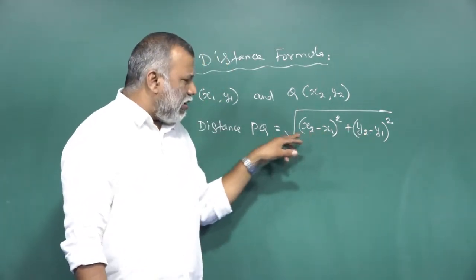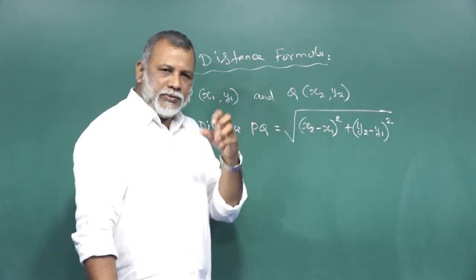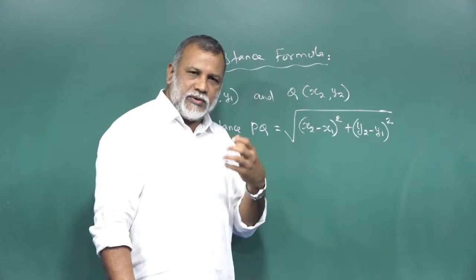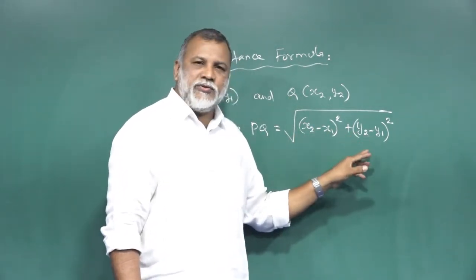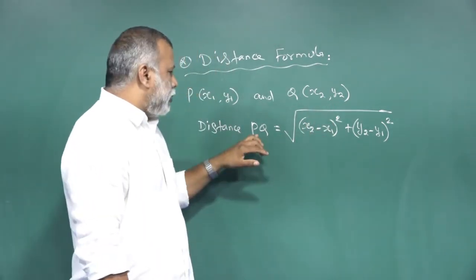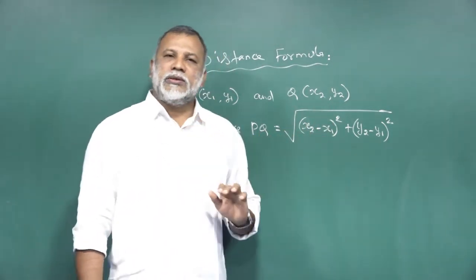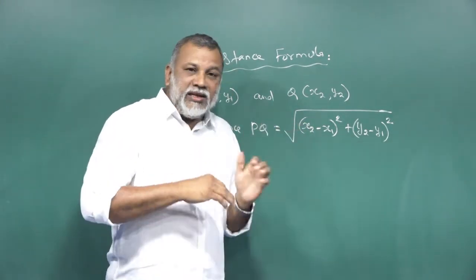It is also called the difference of abscissa square plus difference of ordinate square. Abscissa means x values. You know the meaning of this. So PQ is the distance between 2 points. You are using it from your lower classes, so we need some proof.